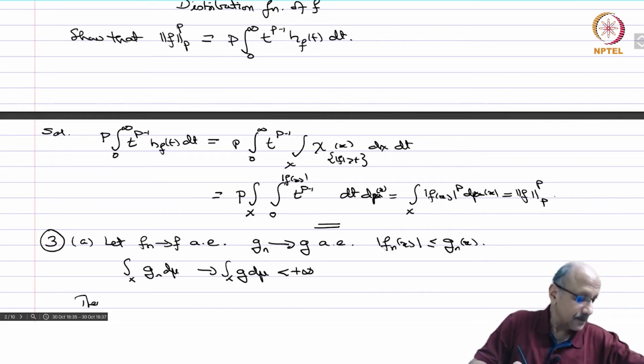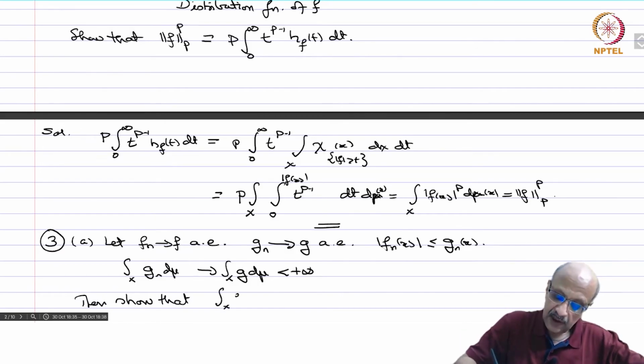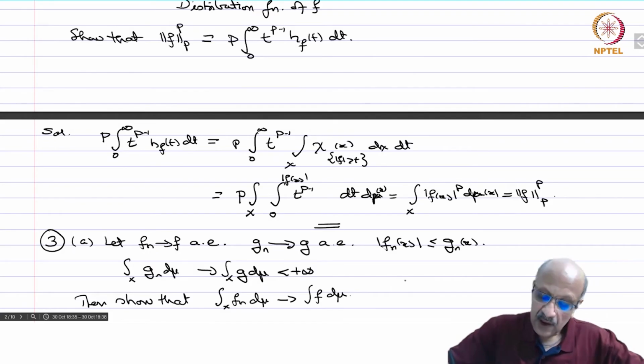Then show that the integral over x of fn d mu converges to the integral of f d mu. So this is a generalized dominated convergence theorem. In the dominated convergence theorem, you would have fn's all bounded by a single g and g is integrable.